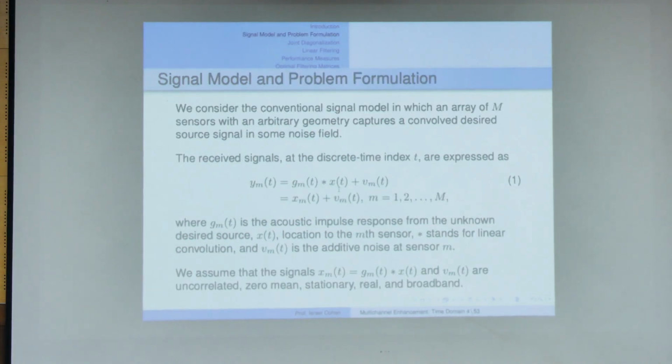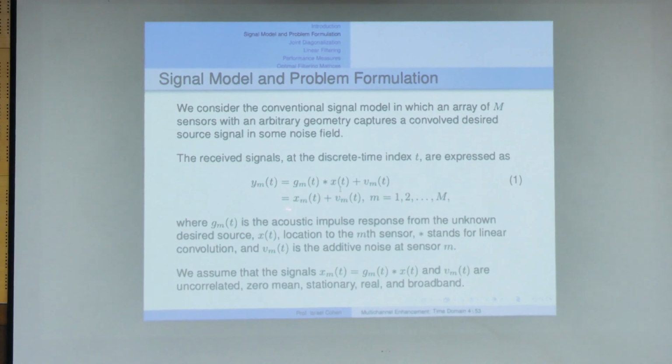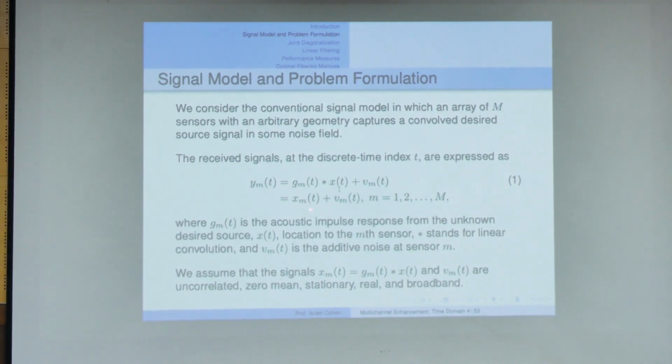So, okay, let's start with the model. Instead of a single channel, now we have multiple measurements. Each signal that is measured in a sensor with index m is a combination of the desired signal, x_m, plus the noise signal in that sensor.